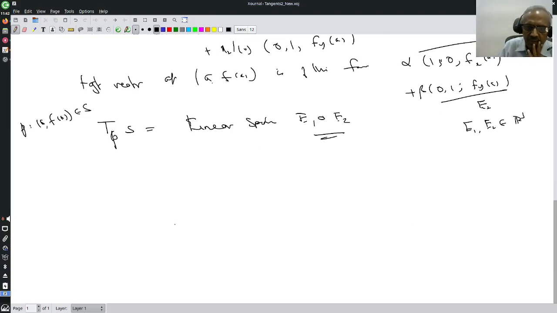Now how do I understand this? The first thing is to look at gamma of t, which is (x(t), f(x(t))), where x(t) is (x1(t), x2(t)).